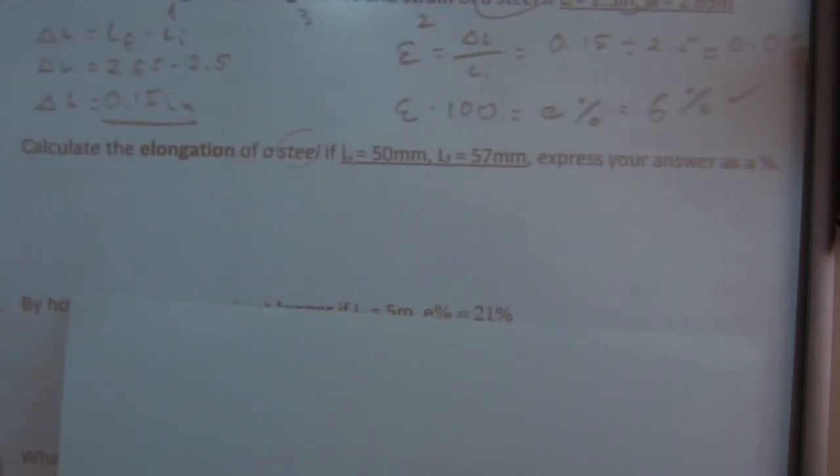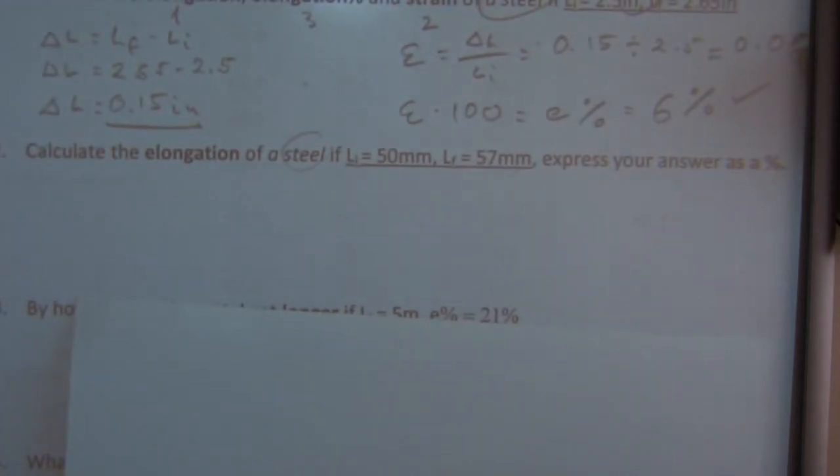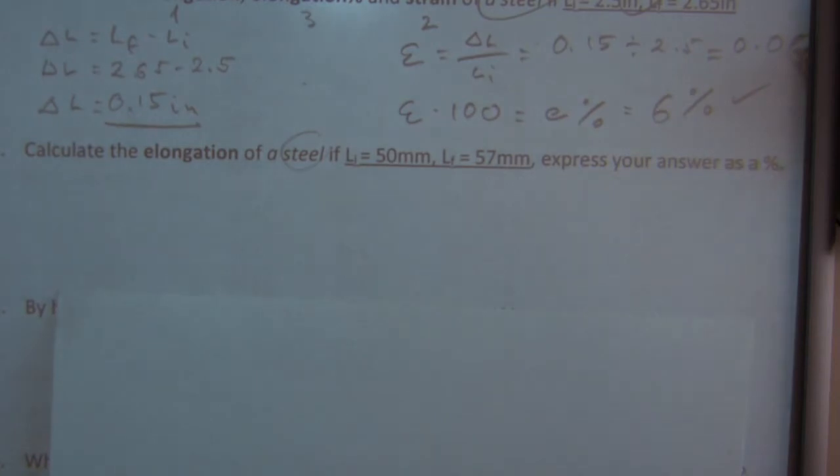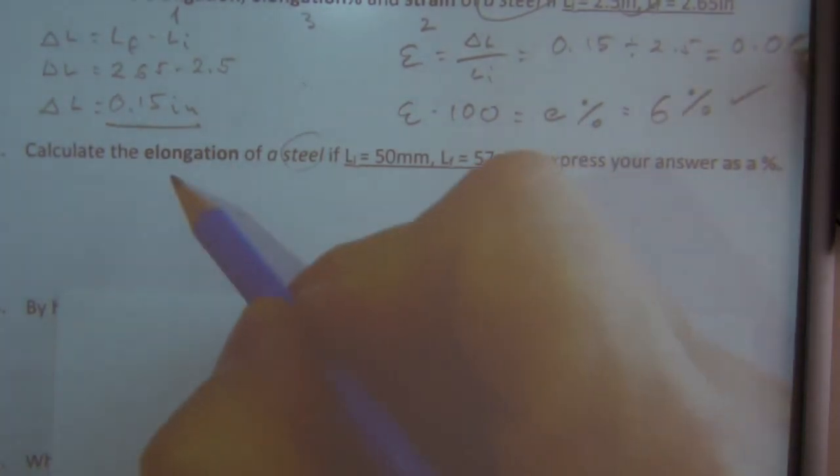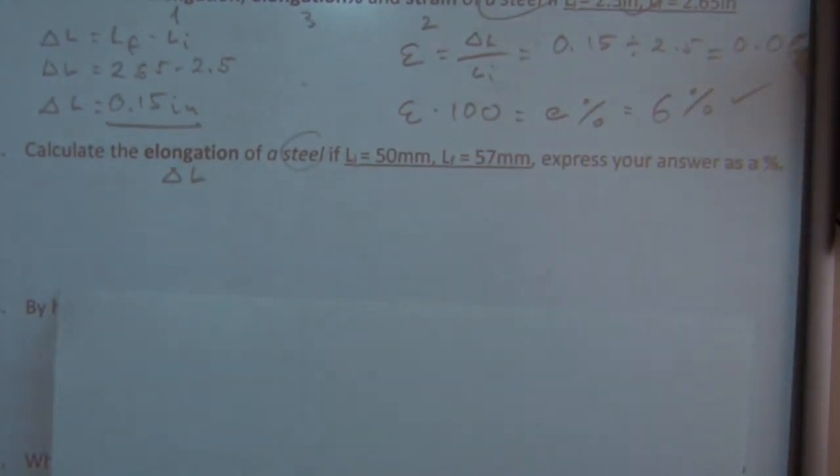So, next one. Calculate the elongation of steel if you have length initial, length final. This is harder, but it still features materials journey in a chronological sequence. You have length initial and length final, but you only have elongation requested. It also says at the end of the sentence to express your answer as a percentage.